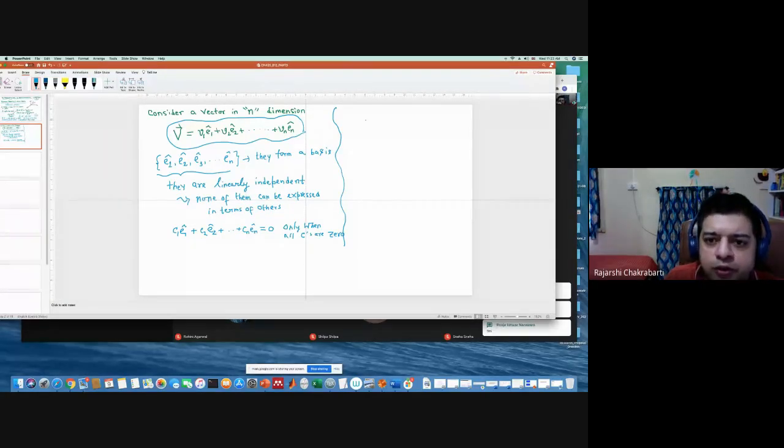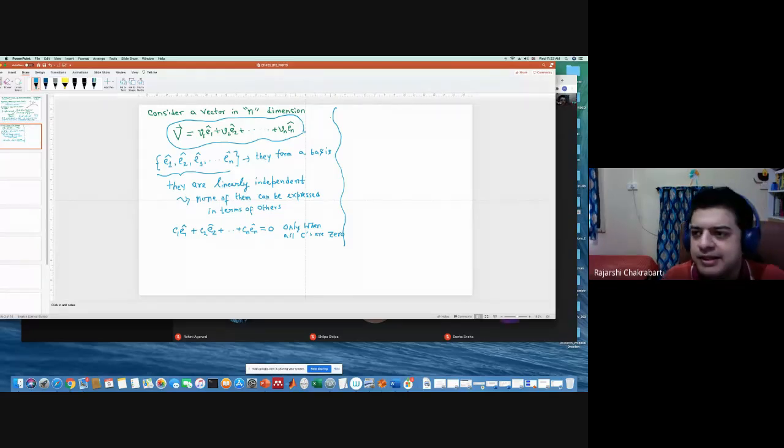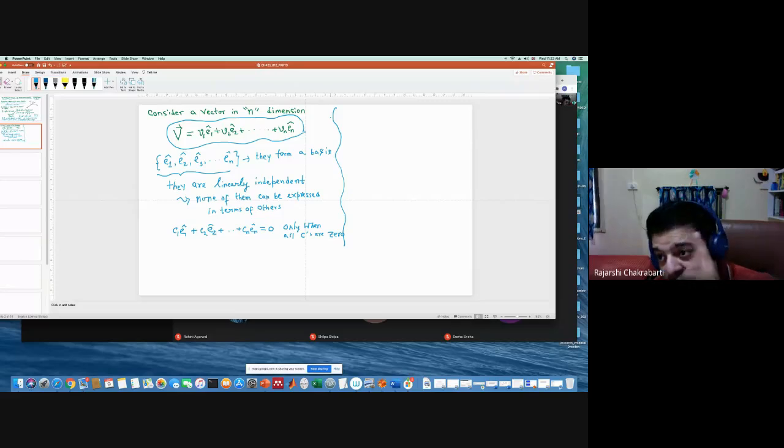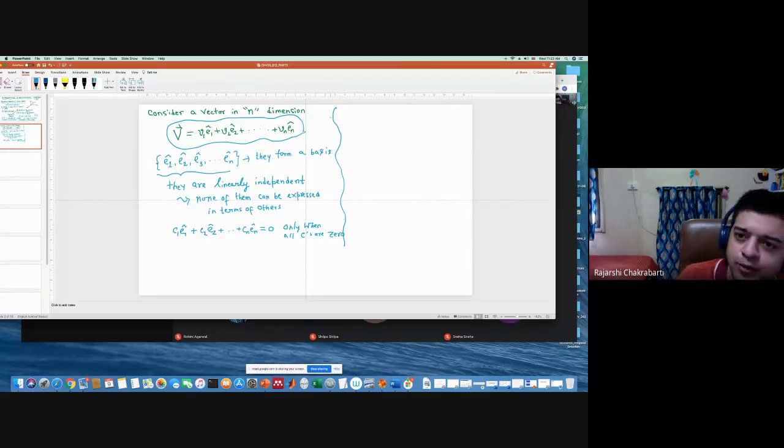So the point is as follows: any arbitrary vector in n dimensions you can express as a linear combination of n linearly independent vectors. And you have already done this in quantum mechanics. Just go back to your particle in a box problem.